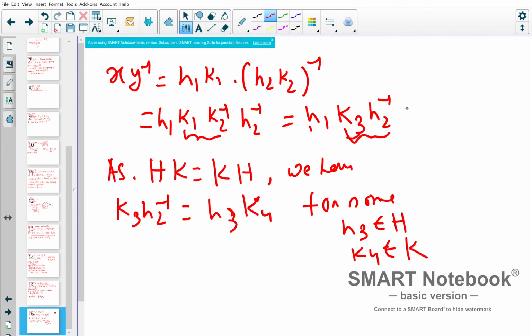This will be of the form h1 h3 k4, but again h1 h3 is an element of H, so you can write down some h4 k4, right?